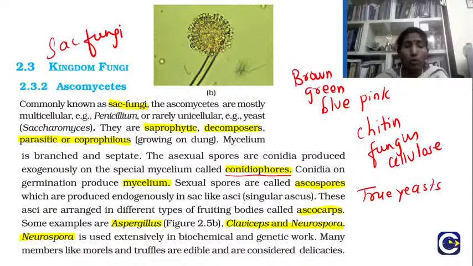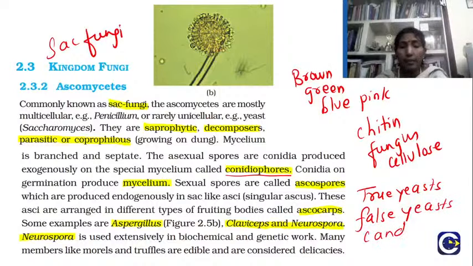Mostly Saccharomyces are true yeast. These are additional points I'm giving: false yeast are Candida, Mycoderma. You can remember like that.